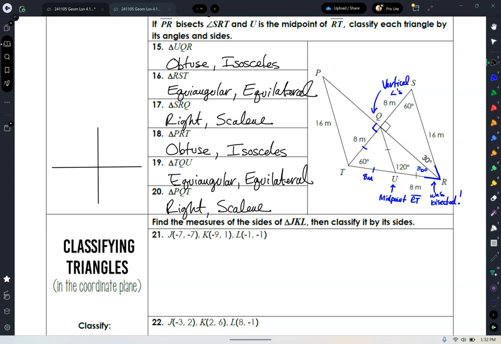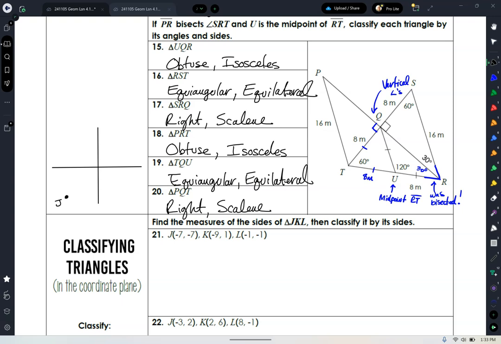Maybe the lowest one. What quadrant would it be in? Third quadrant, right? So it's going to be down here, maybe here-ish. If that's where J is, where do you think K might go? Second quadrant, pretty close to the axis. Which axis, the X or the Y?